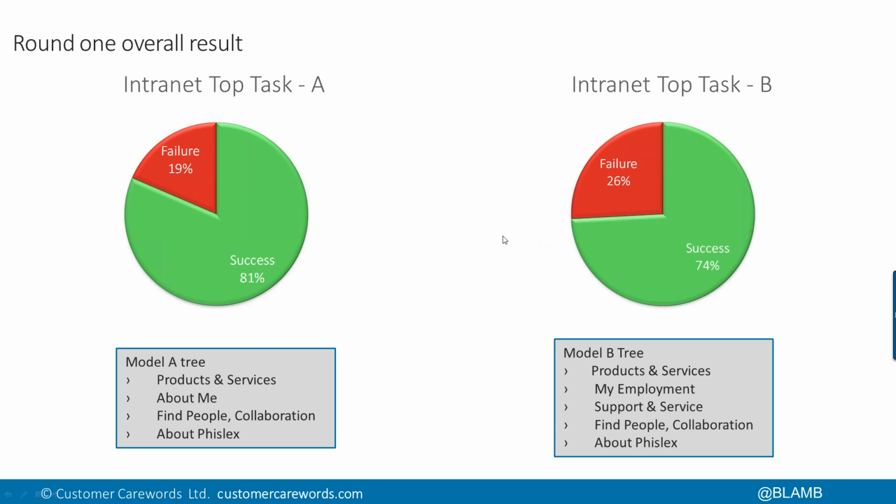Model B also had a very high success rate, slightly less, but still high. So we're happy that the success rate is high, but we're curious about these failure rates and what the differences in the models are.